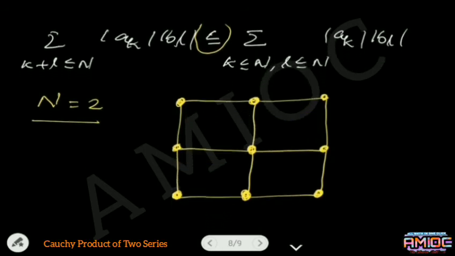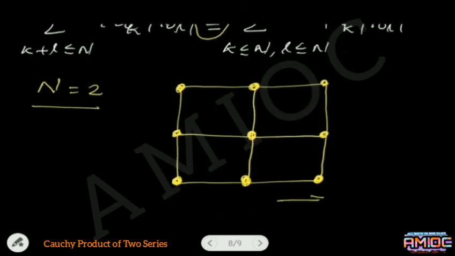In this direction I am varying k, in this direction I am varying L. This is the point 0, 0. That means the term corresponds to A0, B0.